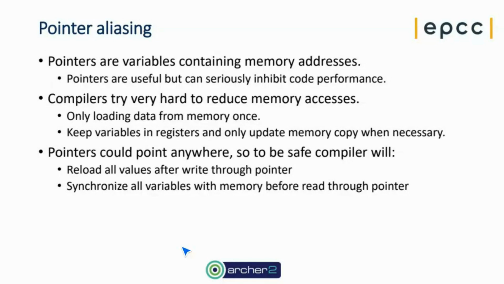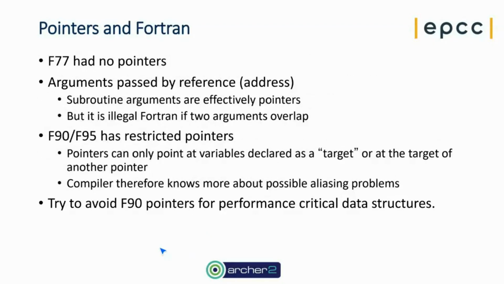And then it could also synchronize variables in memory before a read through the pointer, to make sure any outstanding writes have completed before you read through a pointer. So unstructured, unregulated memory access through pointers will essentially prevent the compiler from doing a lot of optimizations.